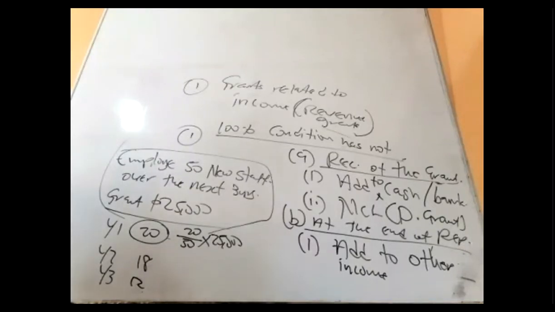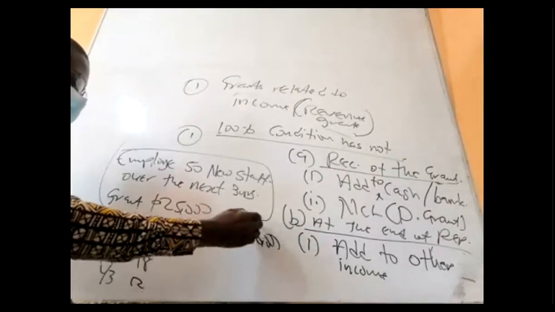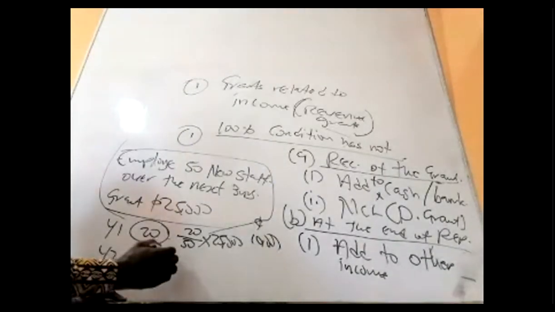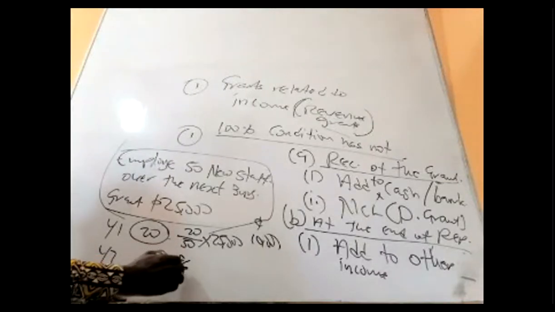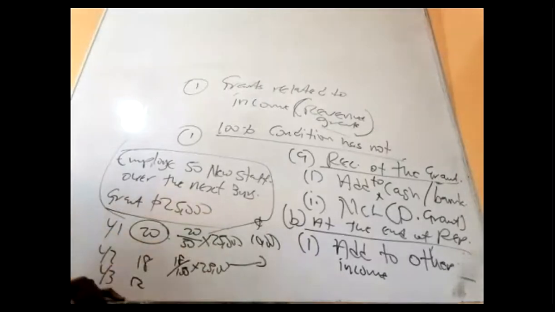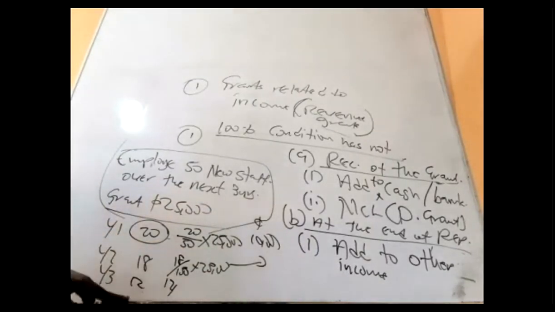So at the end of the first year, I can only record 10,000 as my income. Then at the end of the second year, I can take 18 out of 50 times the 25,000, and that's what I can also release. Then the last year, I'll take the 12,000 if I fulfill all.